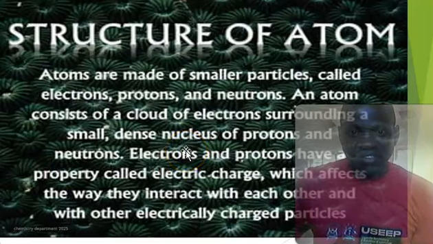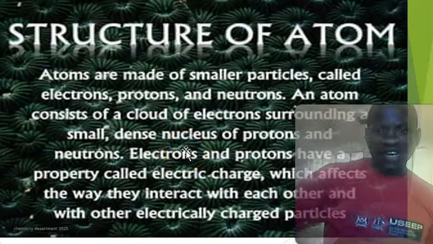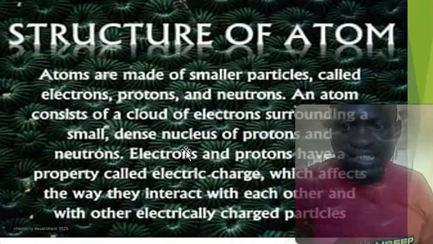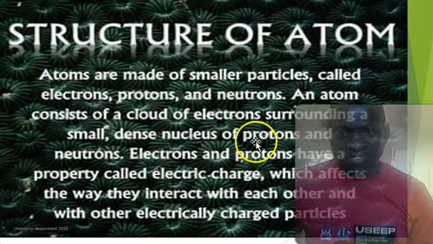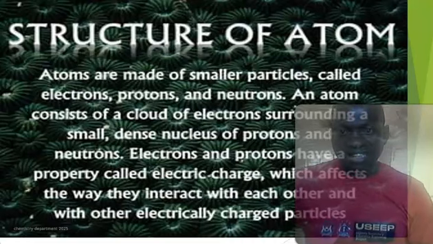The structure of the atom. Here we want to look at what is composed in the structure of the atom. Atoms are in the elements; atoms are the ones which make up the elements.